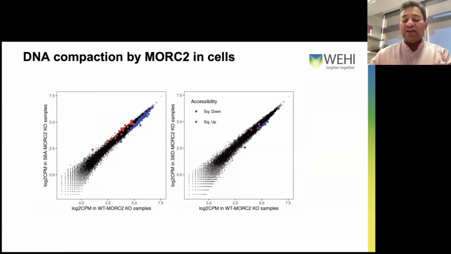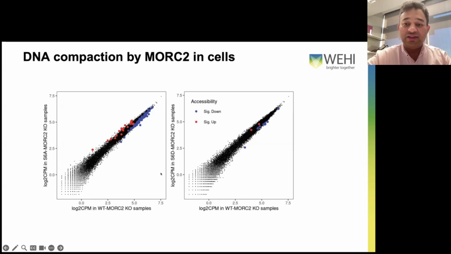So if you put all of that information together and put it back into the cells, to understand whether there is indeed an effect when we have MORC2 either in the phosphorylated state or in the dephosphorylated state. What we observe is that when we give a phosphomimetic version of MORC2 in cells where the wild type MORC2 is knocked out, we don't see much difference in the accessibility of different genes.